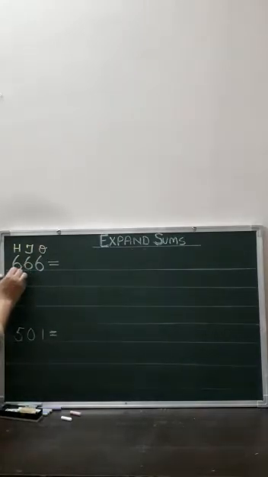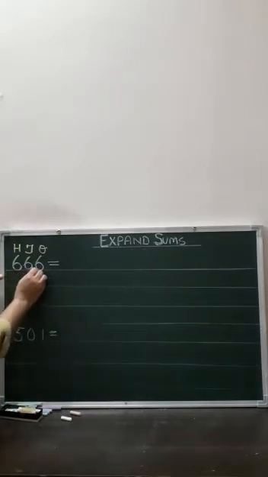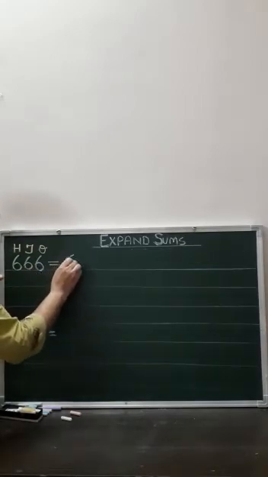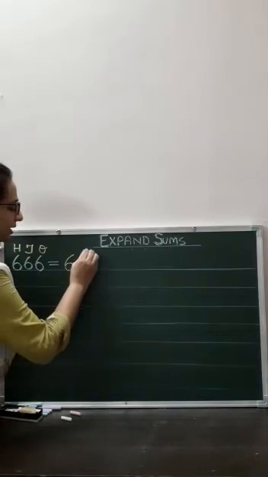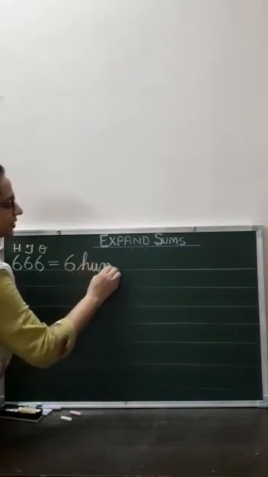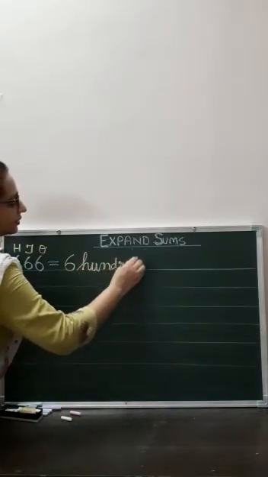Starting from the first, this is 666. All the digits are 6, 6 and 6. So starting from the first digit, write down 6. It is on which place? It is on hundreds place. So we can write 6 hundreds.